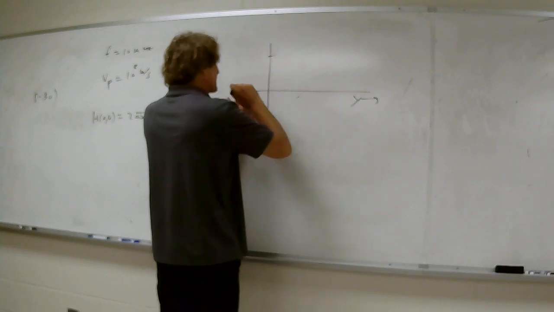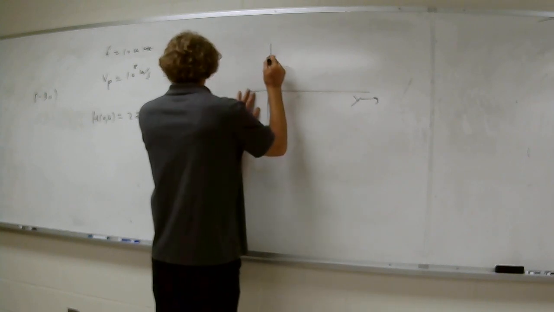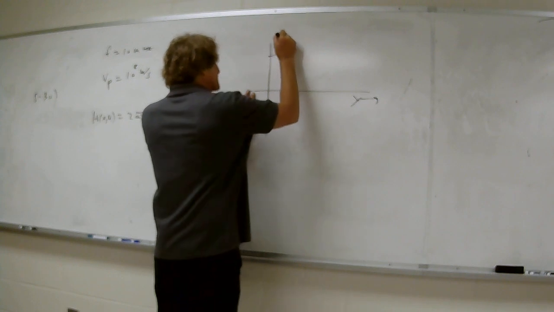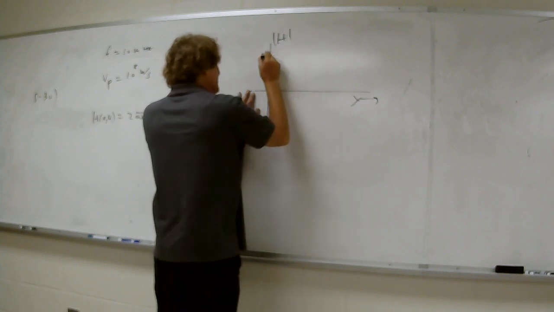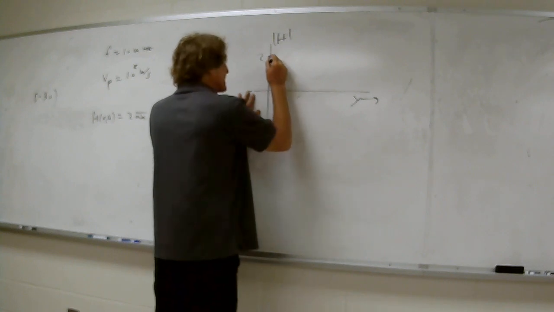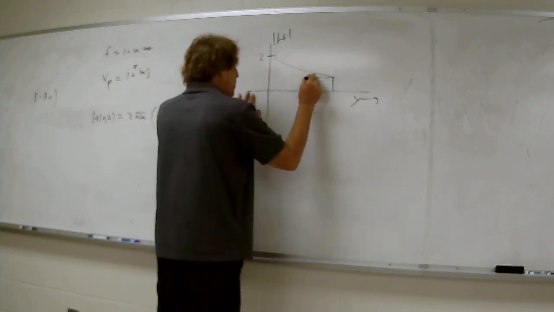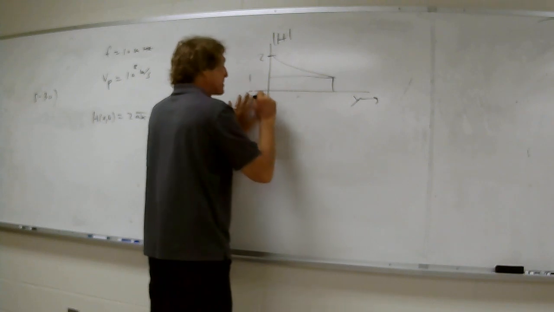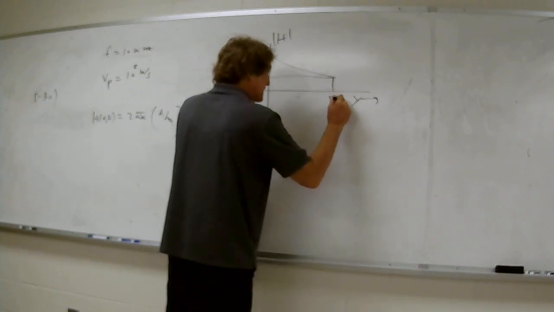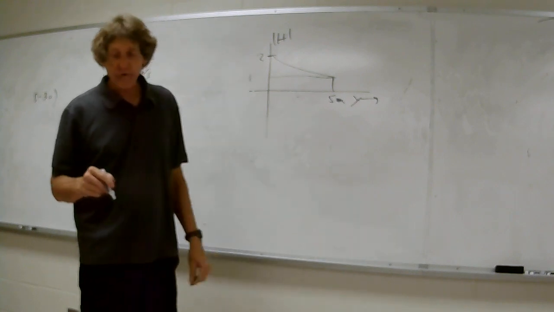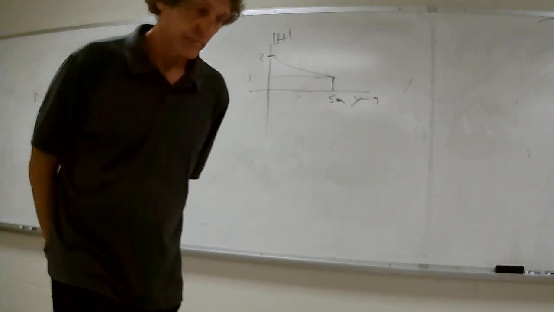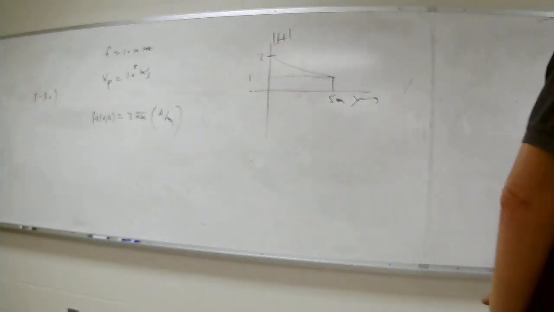This is the magnitude of H: 2 amps per meter at 0, and it goes down to 1 amp per meter at 5 meters. We're going to do this one together. They want us to find the general expression for the wave and find the instantaneous expression for the E field.